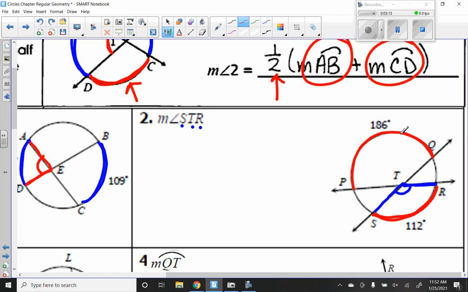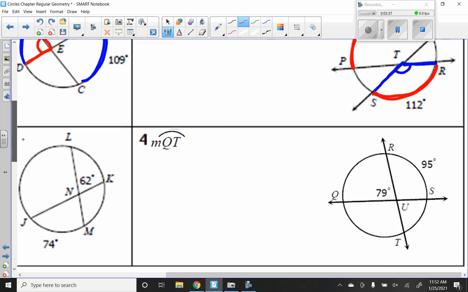So what you will do is add the two together, 186 and 112, and then divide by 2. That will get you that blue angle on the interior. It's not central, it's just on the interior. Do not call these central, because they're not at the center of the circle.